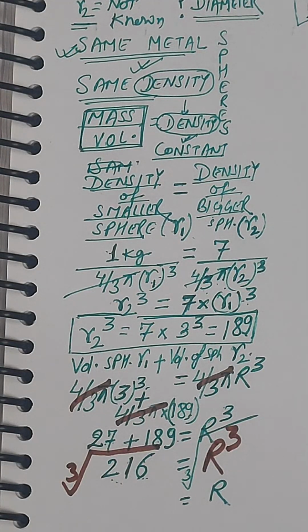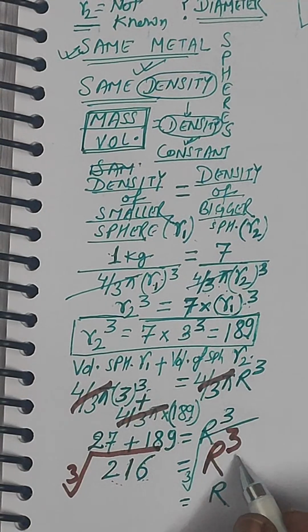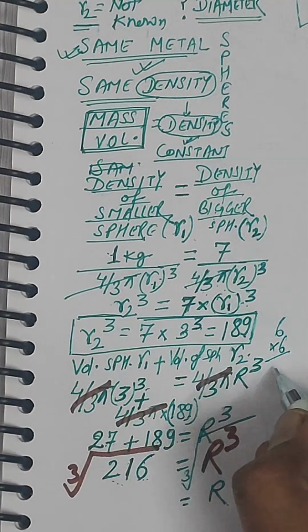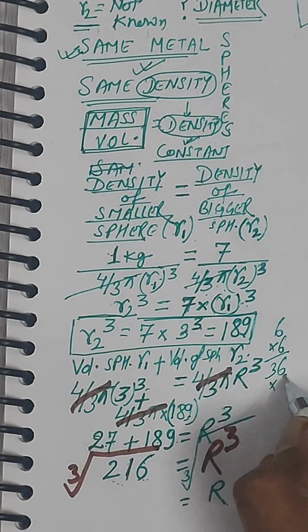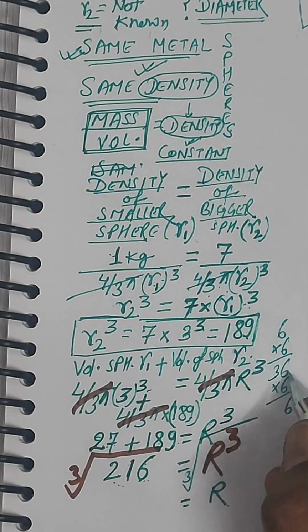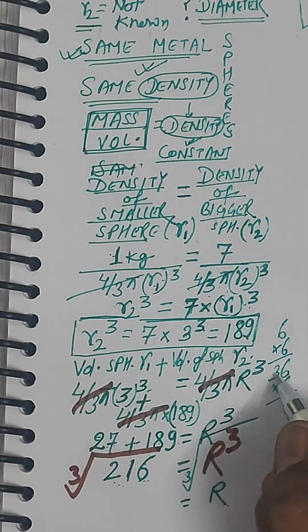It can be calculated if you multiply 6 with 6, which is 36, and multiply this again with 6. 6 into 6 is 36, carry 3.